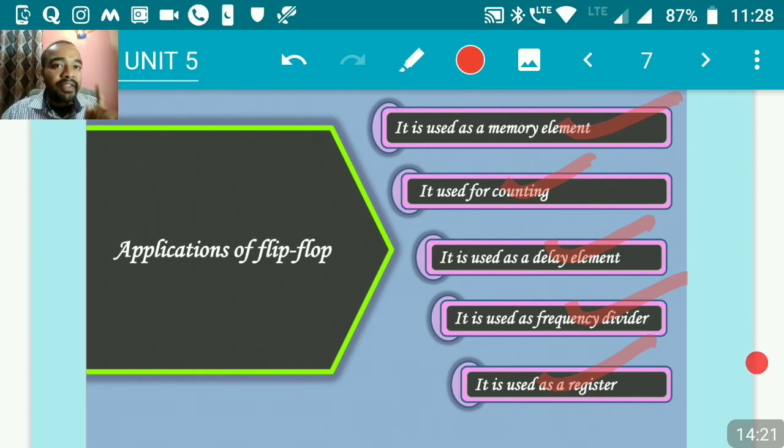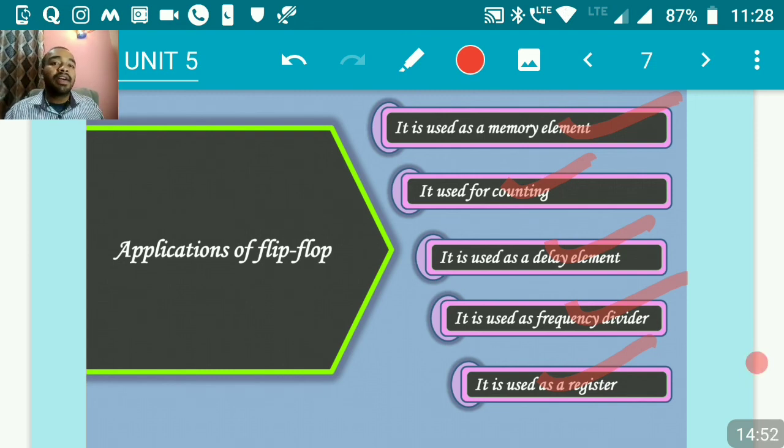The first flip-flop that we are going to discuss is RS flip-flop, then we are going to understand clocked RS flip-flop, then JK flip-flop, then master slave JK flip-flop, then delay flip-flop. Those are the 5 flip-flops that you have for your syllabus. Once we complete these five concepts, we are done with the flip-flops.